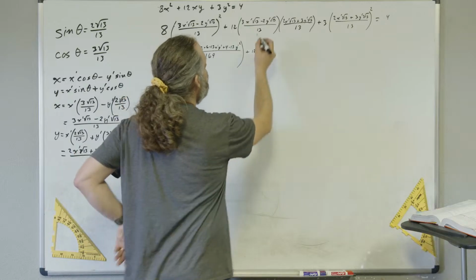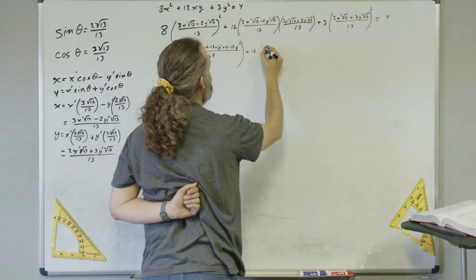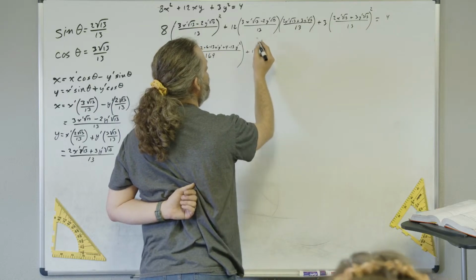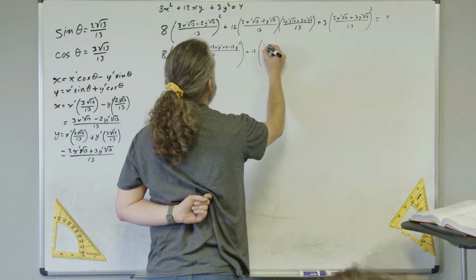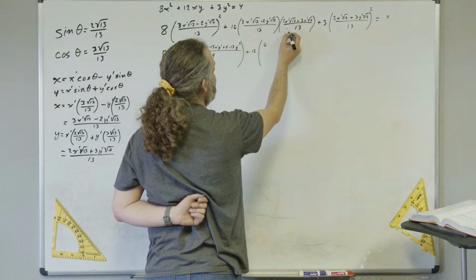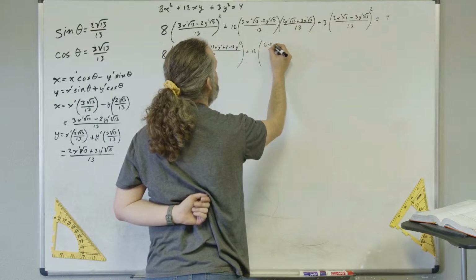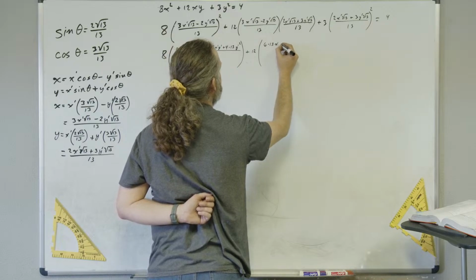12. So, this one times this one, right? Times. 3 times 2 is 6. Square root of 13 times square root of 13 is 13. X prime times X prime is X prime squared.